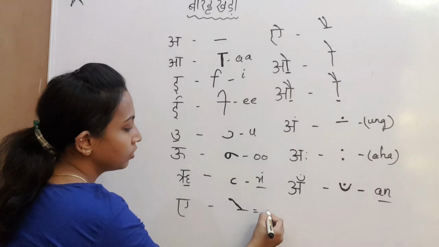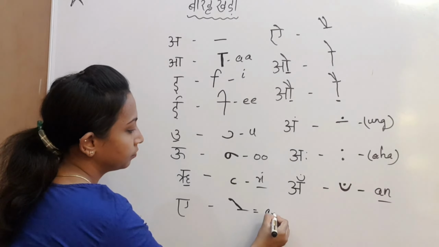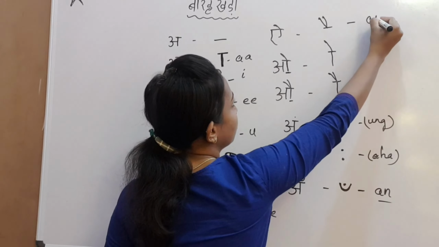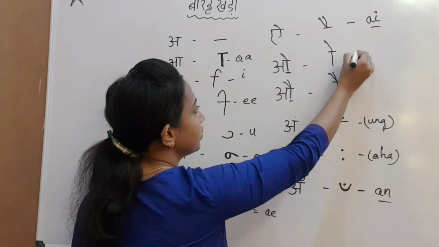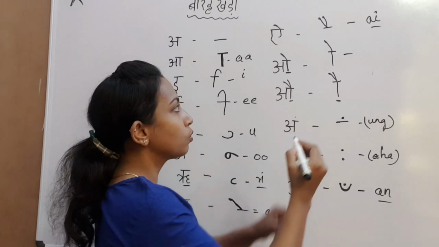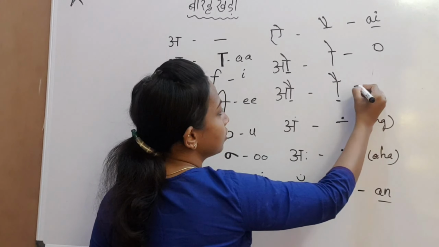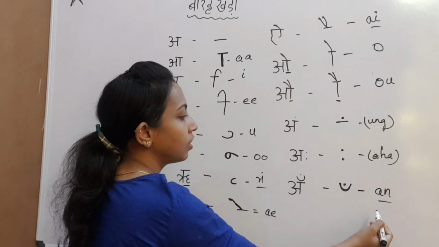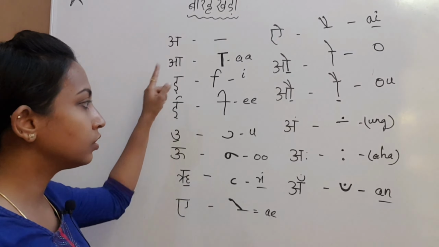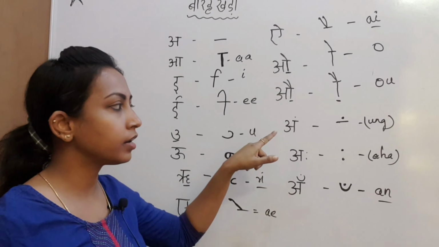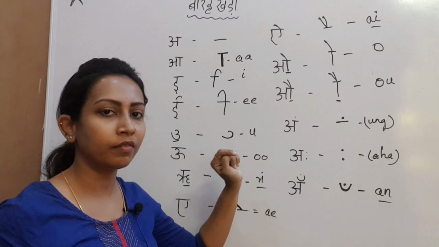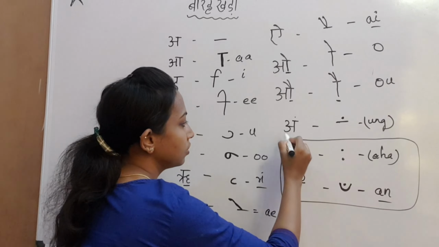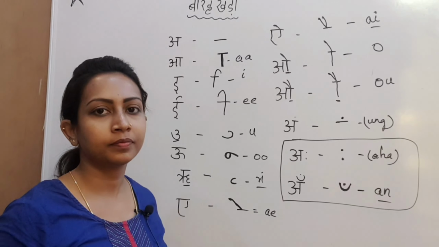This one gives you an e sound, this one gives you ai sound, this one gives you o sound, this one au, and an, ah. These are the 12 symbols and sounds in Hindi vowels. These two symbols we rarely use in words.